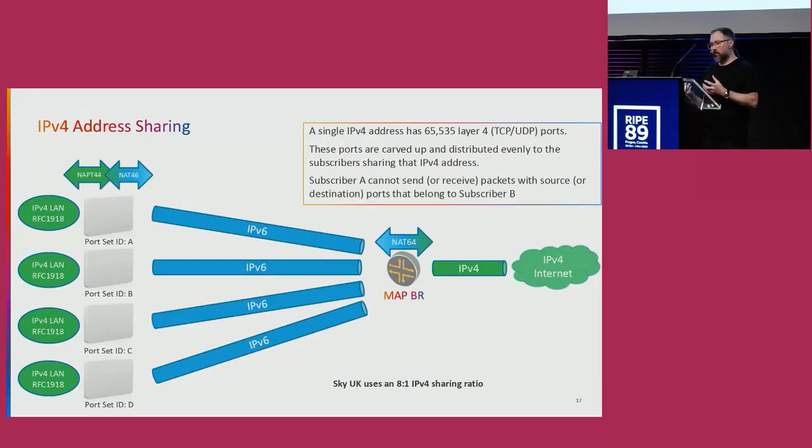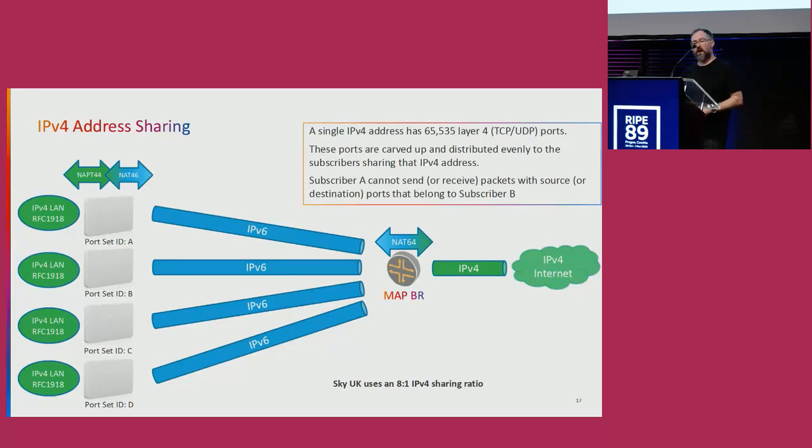Unlike traditional carrier-grade NAT methods, which will dynamically and efficiently allocate ports as required, MAP gets its statelessness by using a predetermined algorithm plus configurable map rules to bind the user's v6 prefix to a v4 address and a port set ID. Now that binding is fixed, so it's a fixed sharing ratio.